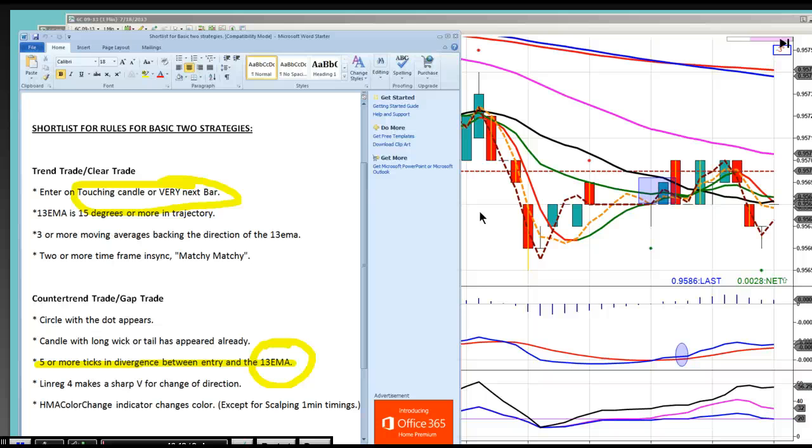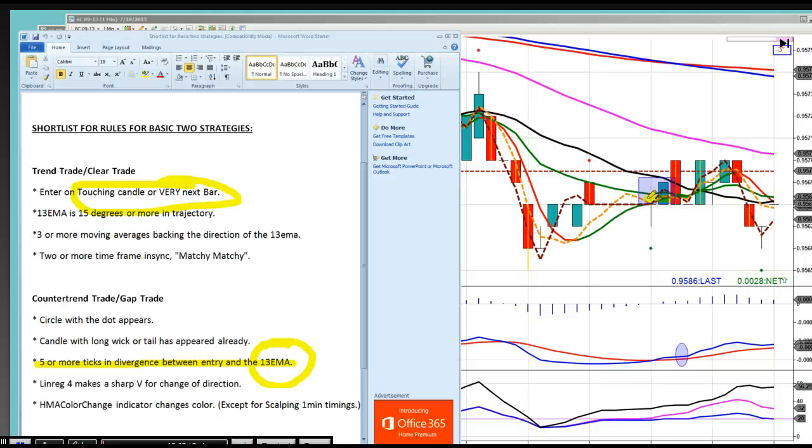This is where support and resistance is really important. So if you're going to enter the reversal on the gap trade portion, on the counter trend portion, remember the rule of the counter trend is your 13 EMA is the exit point. So that's not really advisable to get in there.